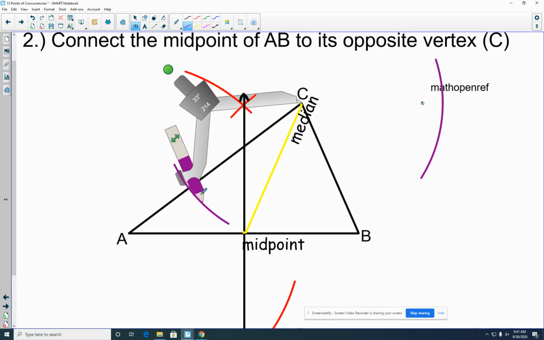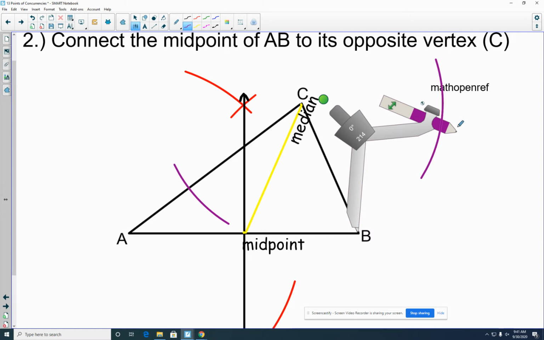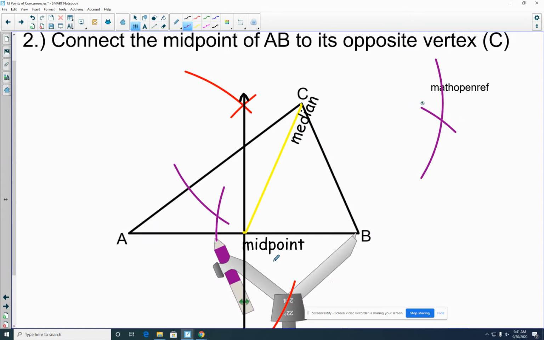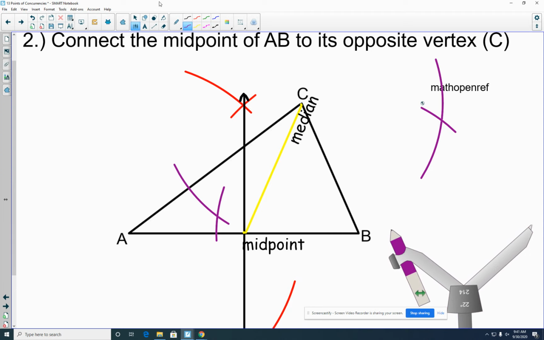Now, you see how there's so many things that are intersecting? This is when you have to kind of be careful in terms of keeping track of what arcs matter. Then we connect. Draw some arrows.